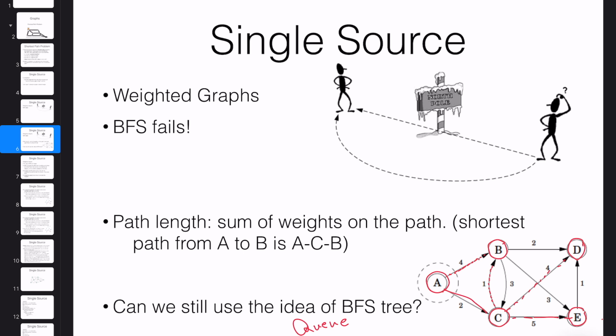So in the next step, what would happen? The node that will be removed is going to be B. It will be removed because it has been visited through C, not because it has been pushed to the queue from A, right?